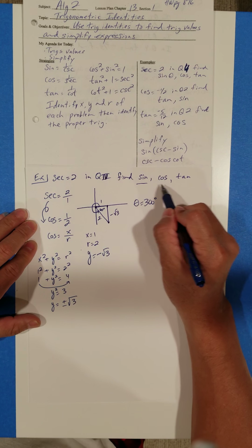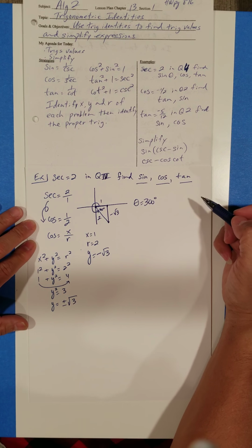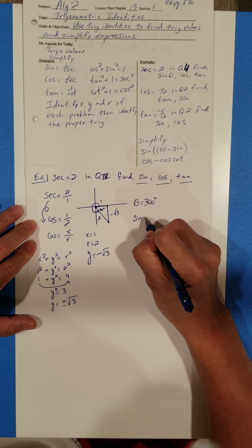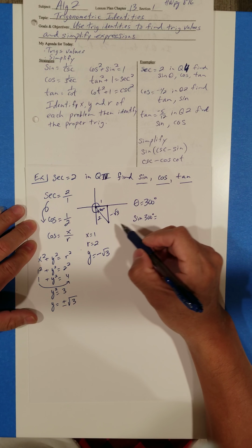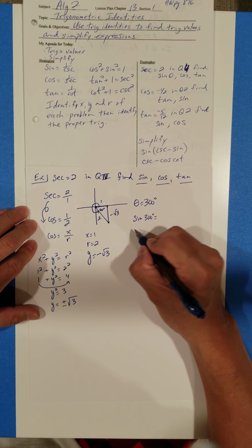But what they want is sine, cosine, tangent. They want to know these three trig values. Sine of 300 is y over r. We know y is negative radical 3 and r is 2, so that's our sine value: negative radical 3 over 2.